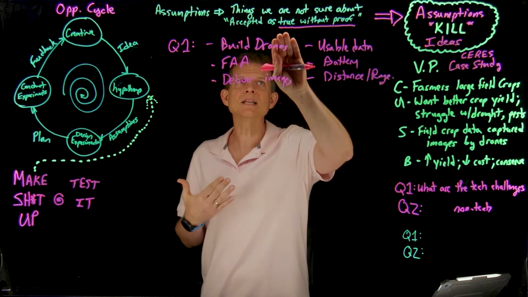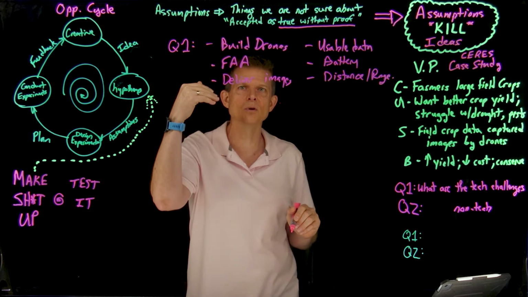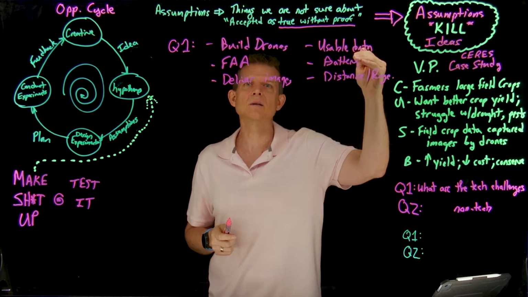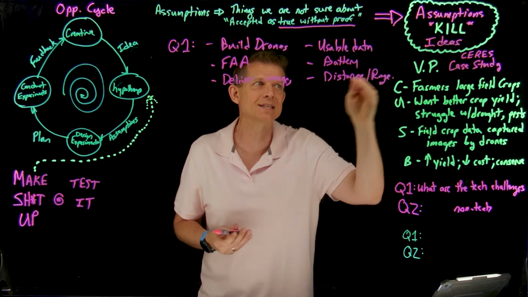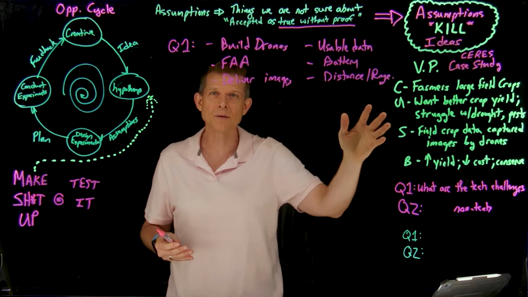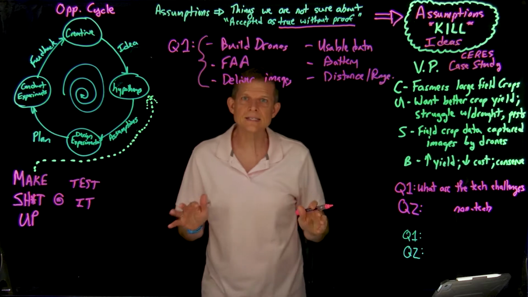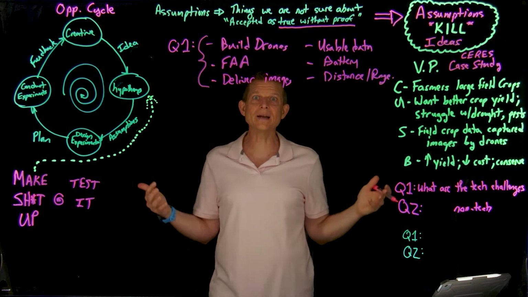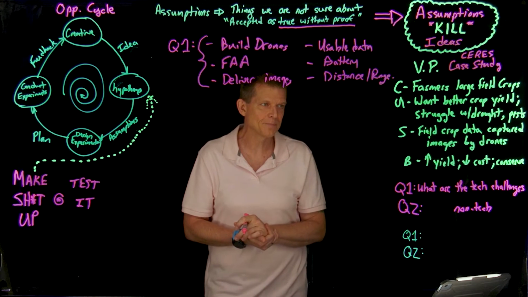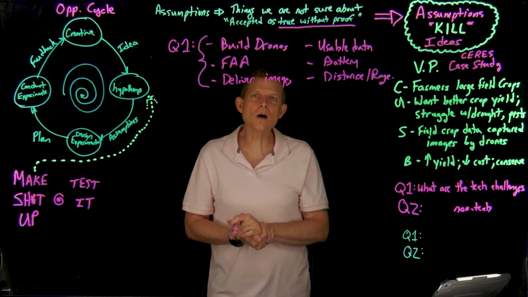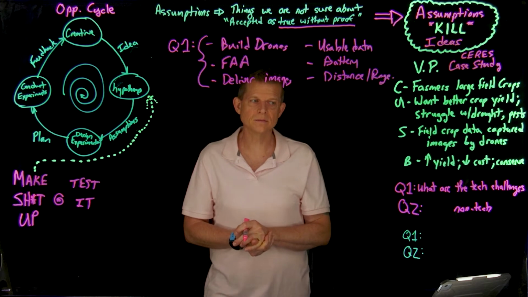So we're accepting them as true without proof: that we can build drones, that we know the FAA rules, that we can deliver images, that the batteries last long enough, that there's usable data that we can get, that there's the distance and the range, et cetera. So it would make sense that we want to test these assumptions prior to launching our business and going out and finding a bunch of customers. We call these types of assumptions feasibility.